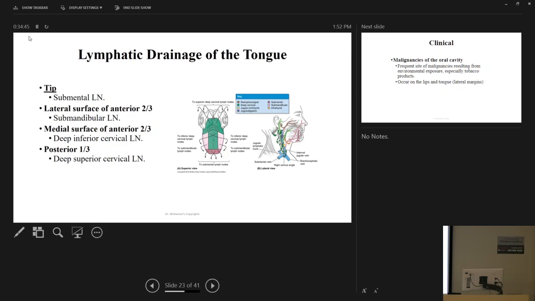And the lateral surface of the anterior two-thirds, this one here in pink, is going to be drained to the submandibular lymph node, and that makes sense because they are on the sides, right? And then the medial surface of the anterior two-thirds is drained to the deep inferior cervical lymph node, and the posterior to the deep superior cervical lymph nodes.